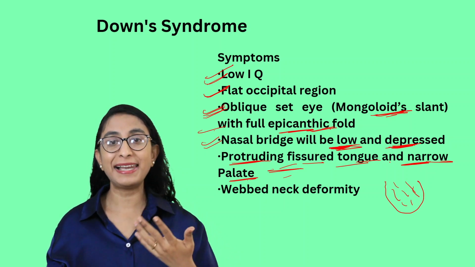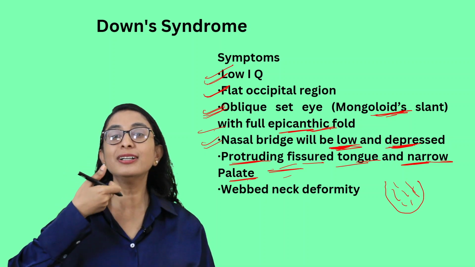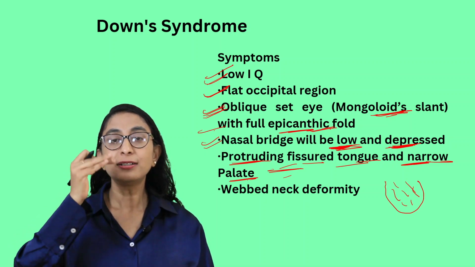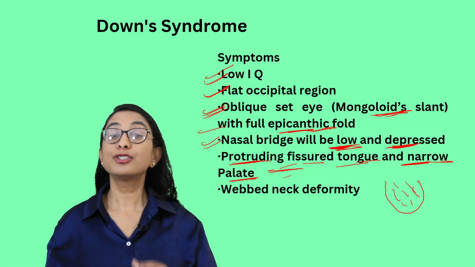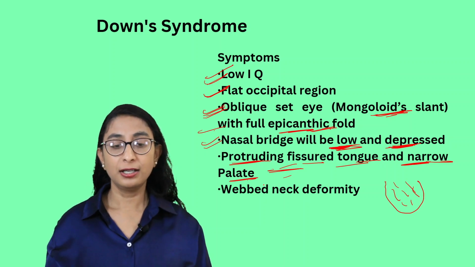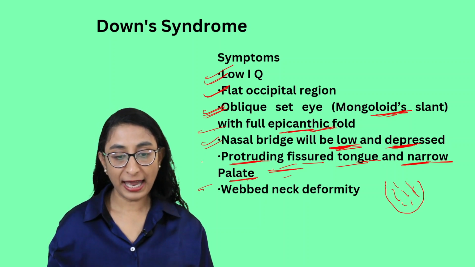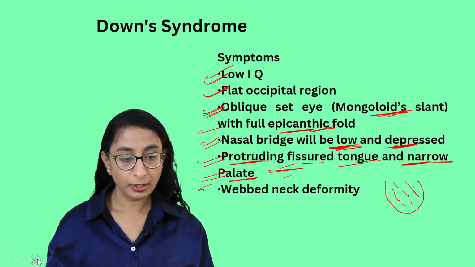That is the palate. Okay, so now you can try touching your tongue to the upper part of your mouth. So that flat surface which you can feel, right? That is the palate. Okay, so the palate will also be very narrow in case of Down's syndrome children. So they have protruding fissured tongue and a narrow palate.